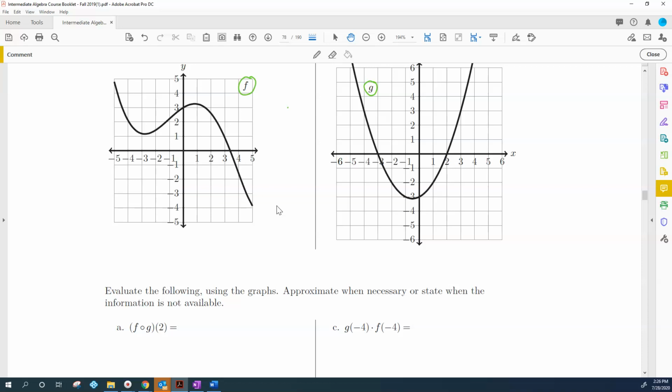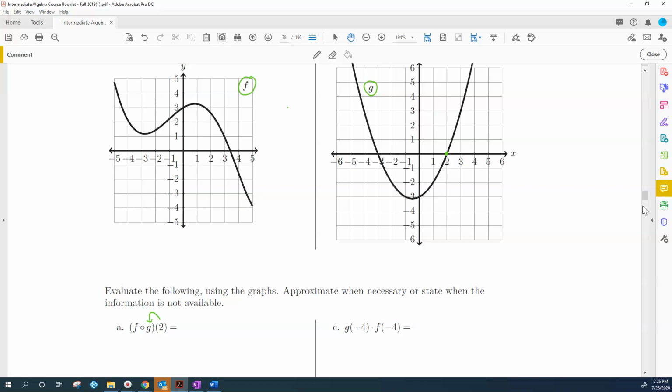So again, on part A, it says find f of g of 2. So I'm trying to figure out, in the g graph, when x is 2, right? So I'm looking over here and I'm saying, okay, here is where x is 2. And sometimes I'd have to go up or down to figure out where it's going to be touching my graph. This one I didn't, so that one is just g of 2, right?